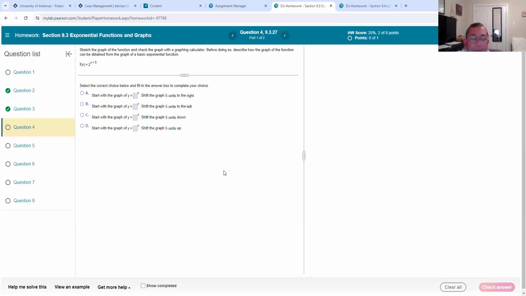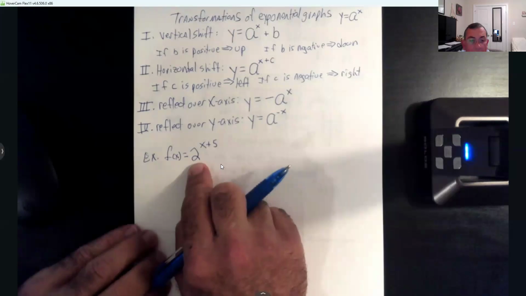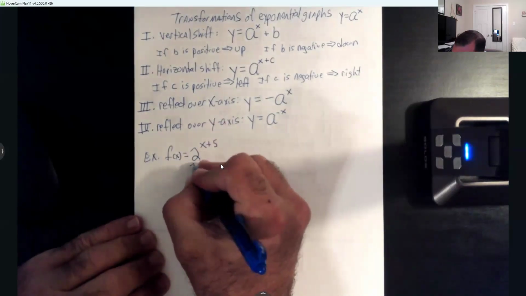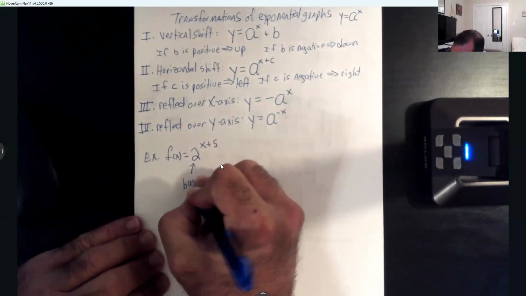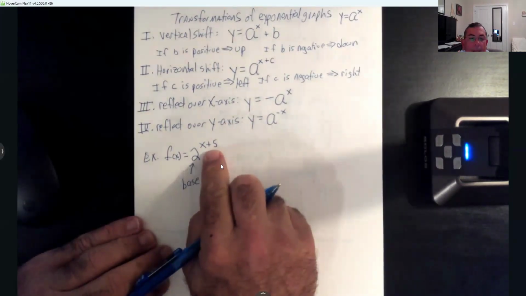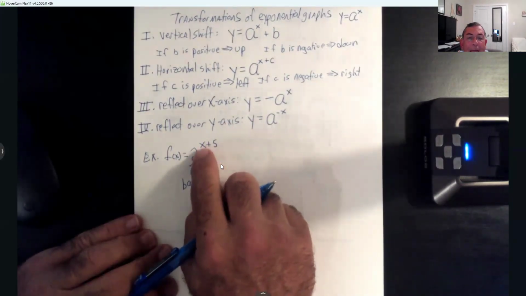So this one has f of x equals 2 to the x plus 5. So let's play with that just a second. The base is 2, and we're adding 5 to the x.